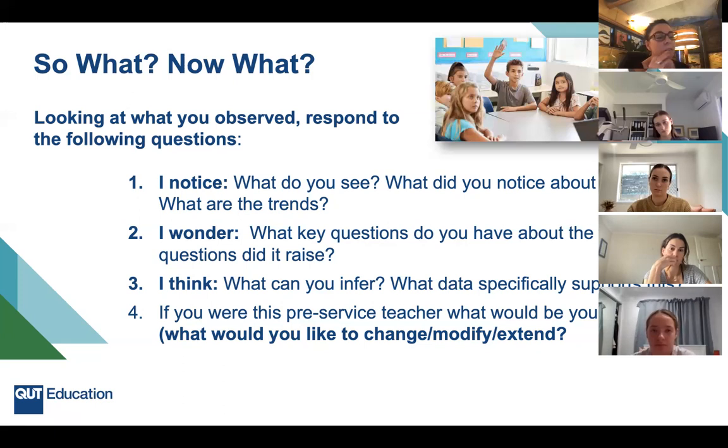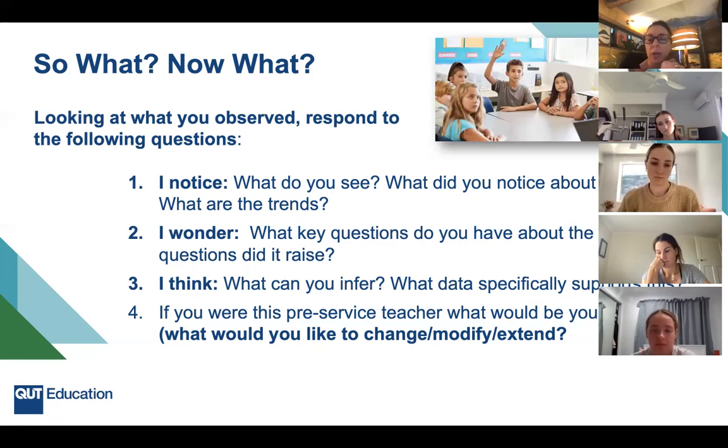So really, in that situation, when you set a task, you need to immediately walk around the room. You need to make eye contact with the students. You need to touch their work. You need to look at their body language. That over the shoulder marking is really important.